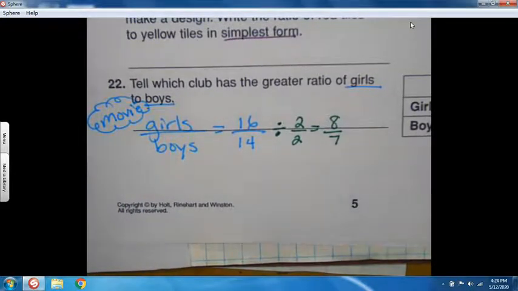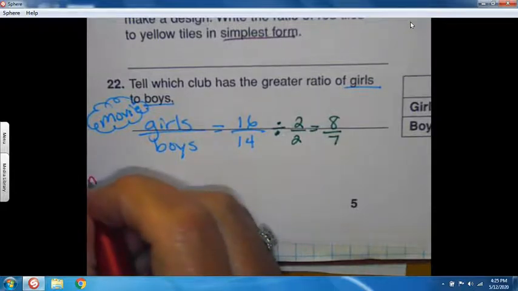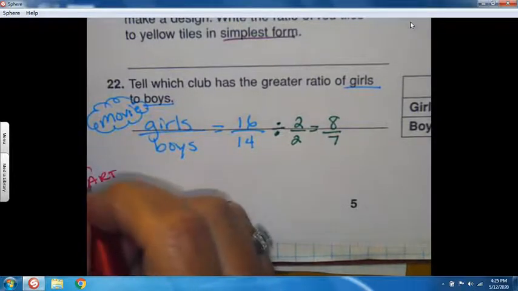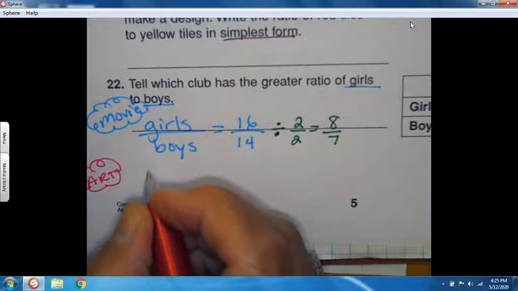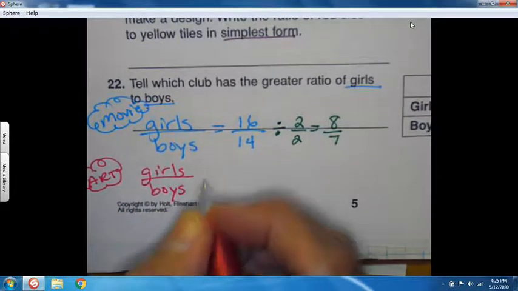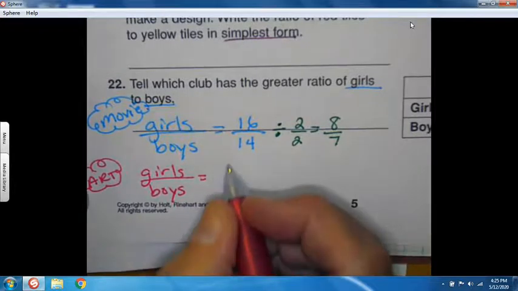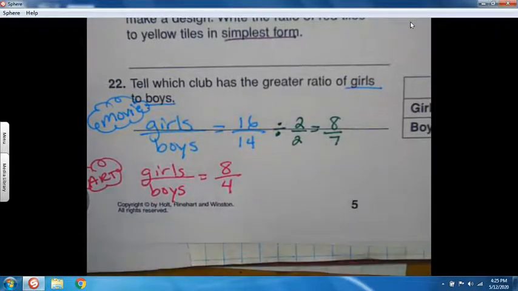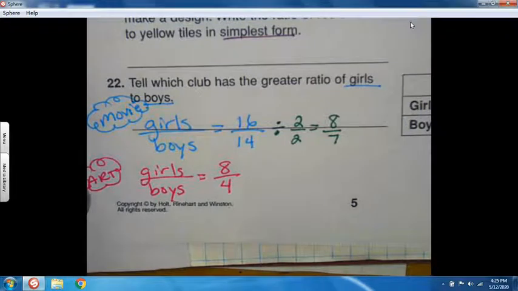Okay, now let's do the other club. Let's do the art club. I'll do that underneath art. The art club. And girls to boys again. And this is 8 to 4. Now we need our giant 1. Let's do our giant 1.